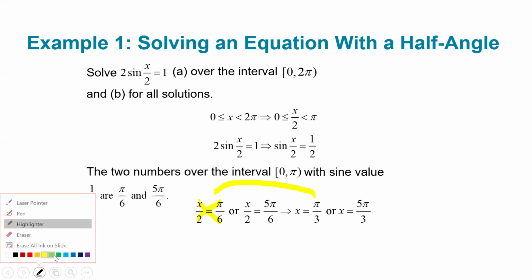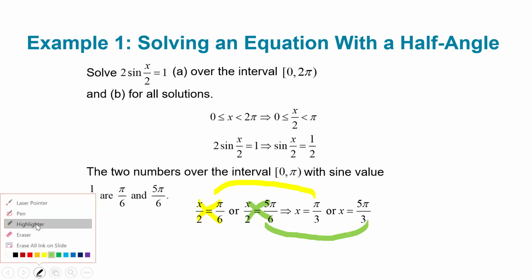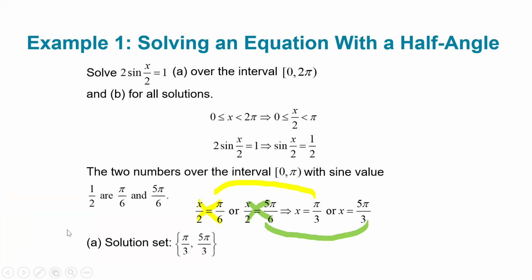And you would do the same thing for the other one. x times 6 is 6x, 2 times 5 pi is 10 pi, divided by 6 gives us 5 pi over 3. So your solutions are pi over 3 and 5 pi over 3, and that is your solution set.